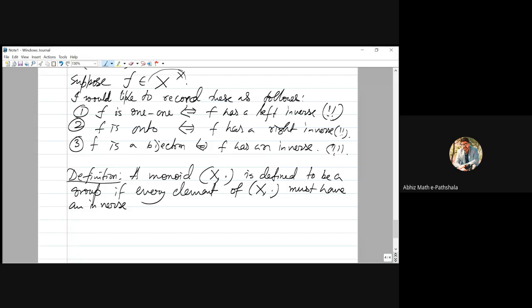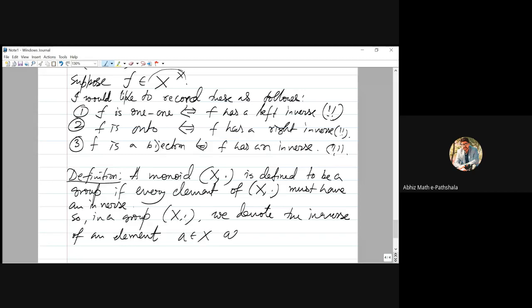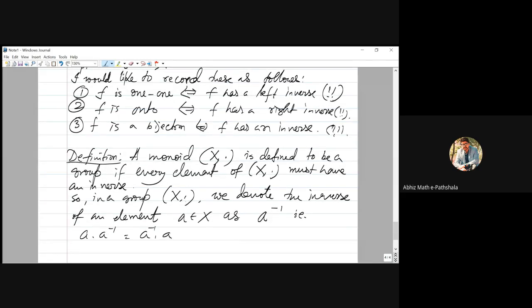Okay, so in a group (x, dot), we denote the inverse of an element small a belongs to x as a to the power minus 1, that is, a dot a inverse equals the identity of (x, dot).